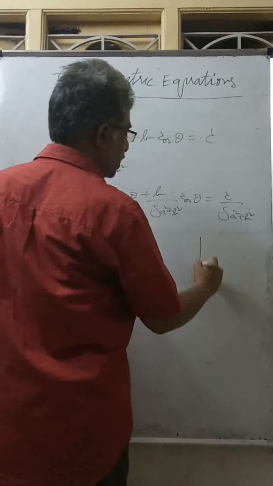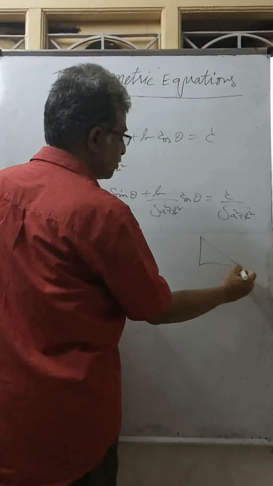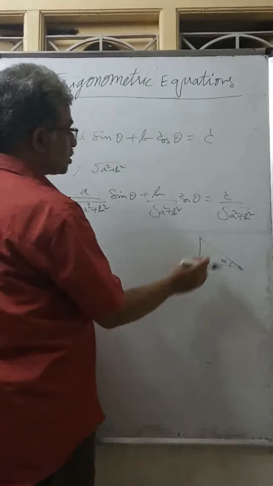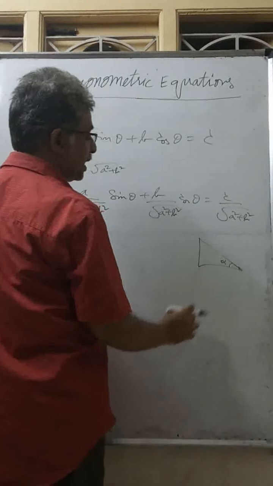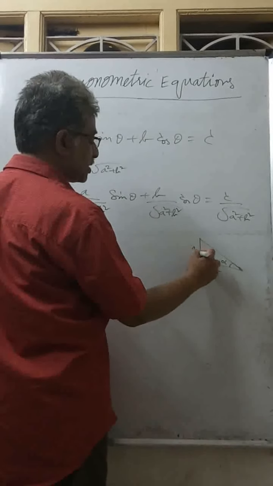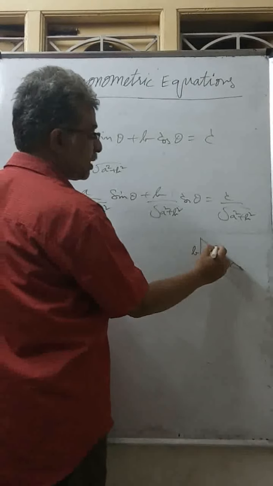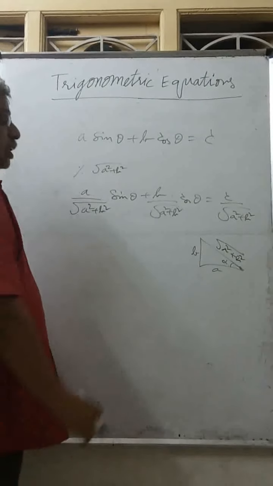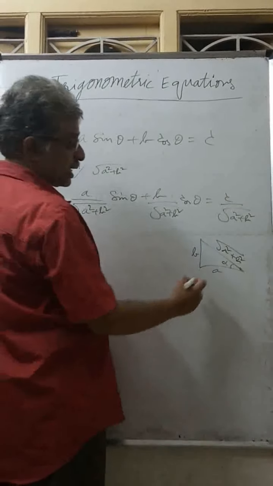So, take some angle alpha. Now, this is some b, this is some a. So adjacent side you can take as a and opposite side as b, or this is a, this is b, that doesn't matter. This is automatically by Pythagoras theorem root of a square plus b square. So, from this triangle what can I write?